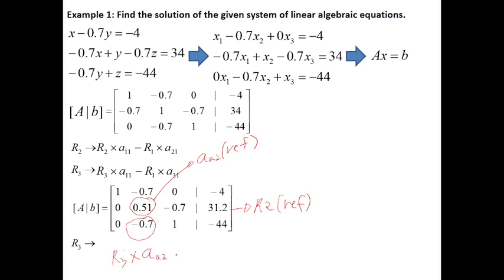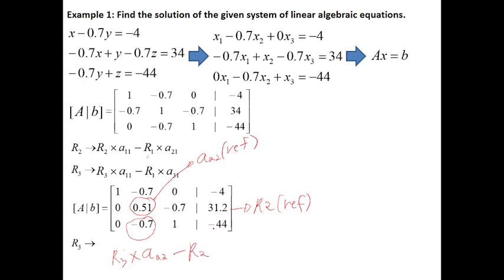Then, ima-minus mo siya dun sa row na kung saan reference row, ibig sabihin kung saan ang row ng A22. Kanina, row 1 reference, kaya R1. Ngayon, row 2 reference, so R2 na siya.